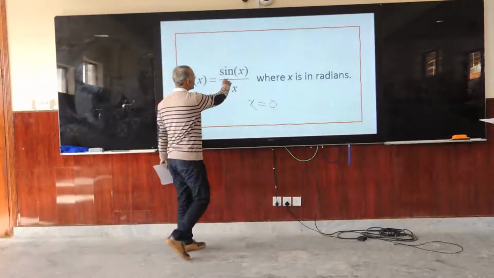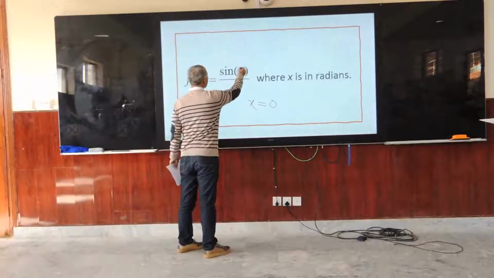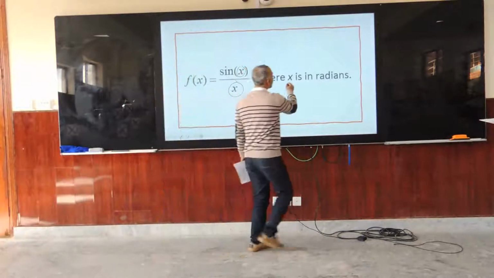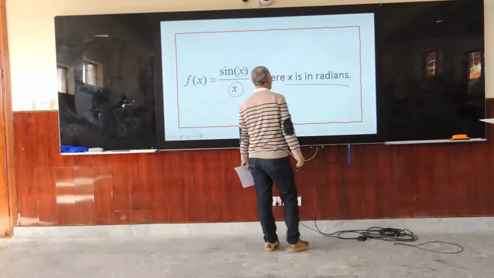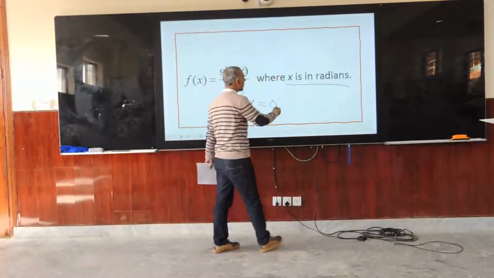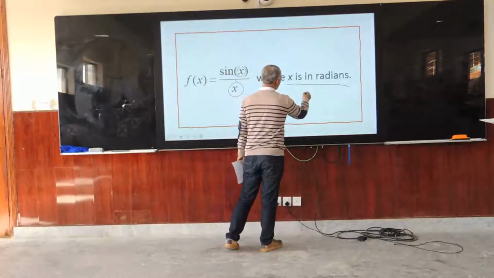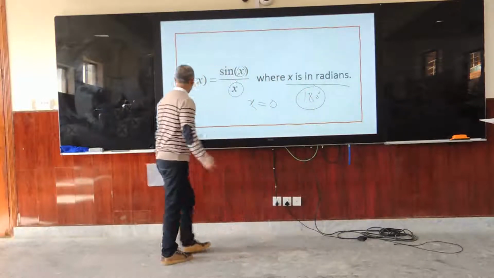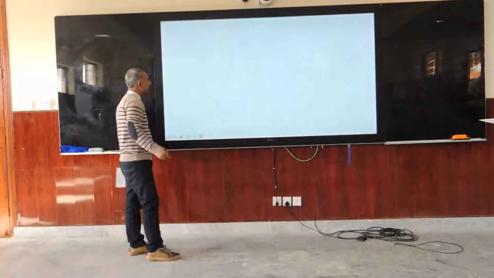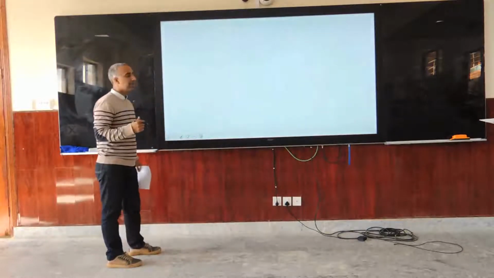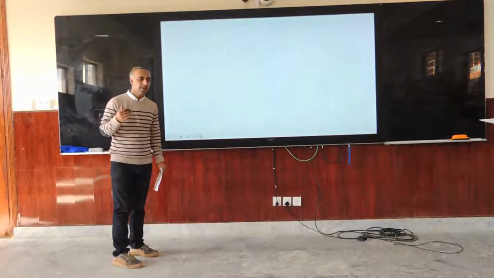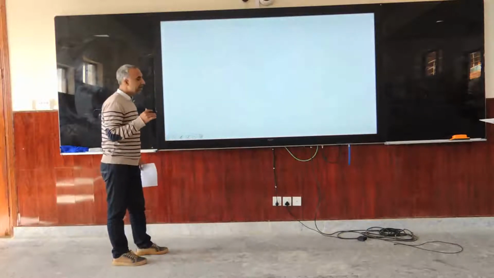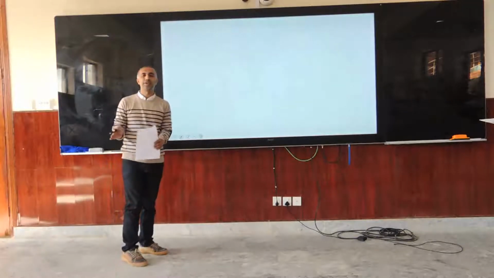And this is a kind of signal. The value of x here is in terms of radians. Usually radians are measured with 180 degrees in place of pi. So let's calculate this function, but before proceeding to calculate the limit, I would like to tell you that it is not a one-way process.